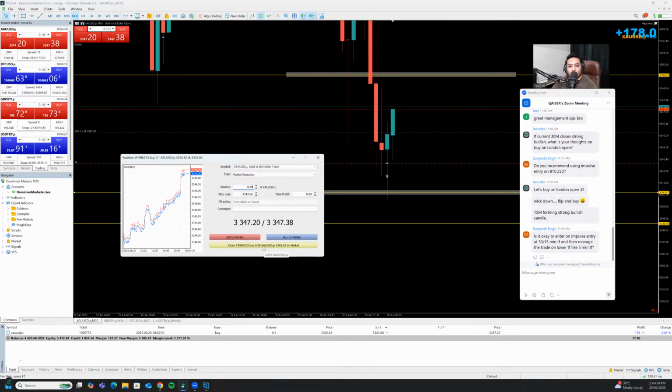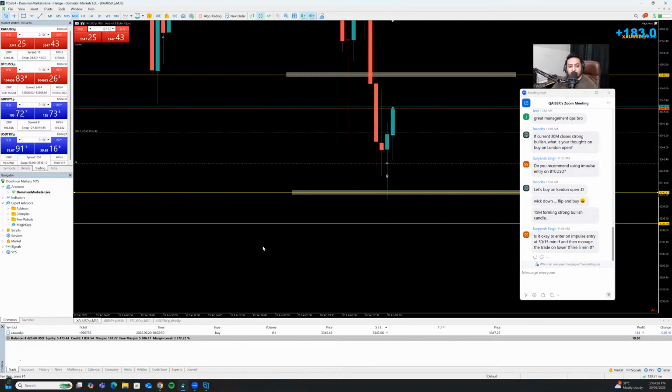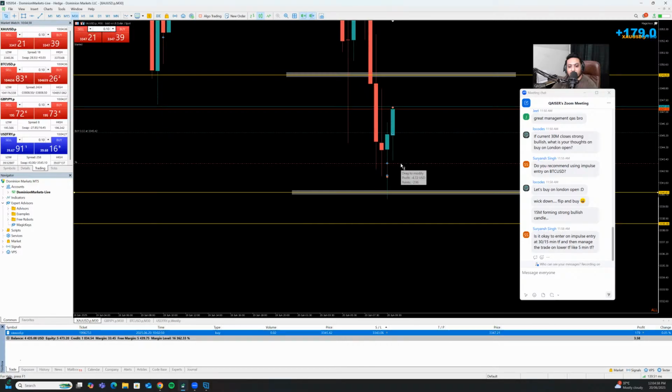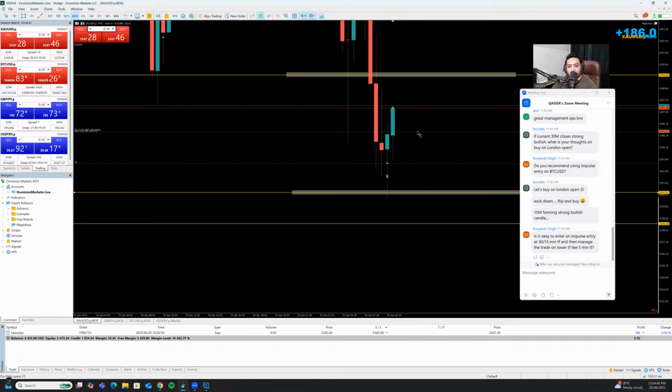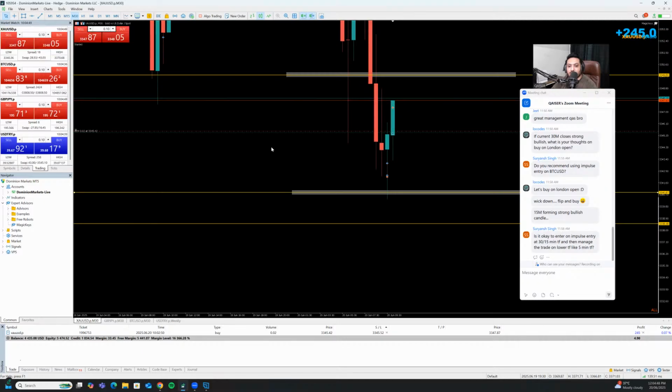Wow! 18 pips, secure 80% of the position, bringing my stop loss to break even. 20 pips, very nice. 24, 24. Can I get 30 pips? 24, 25. Okay, 25.